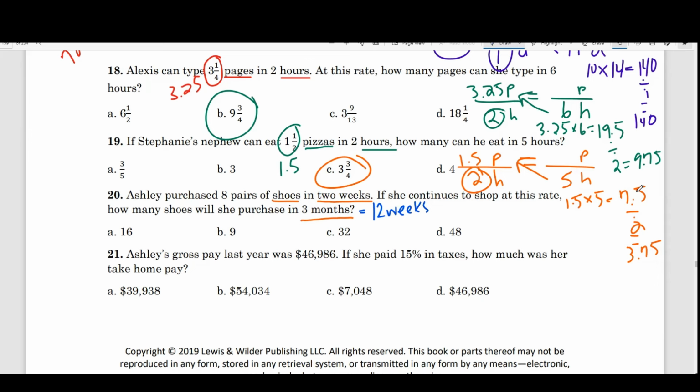We set up our ratios: S for shoes and W for weeks. We have 8 and 2, and then we have 12. Cross multiply where we have 2 values. So 12 times 8 is 96, and divide by the value that's left over. 96 divided by 2 is 48. The answer is D.